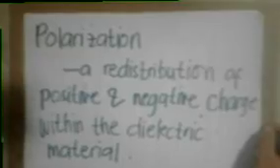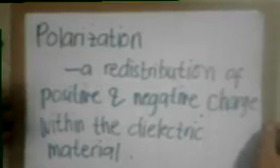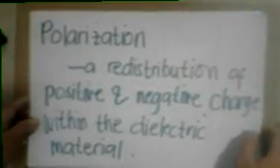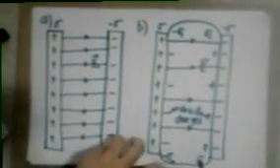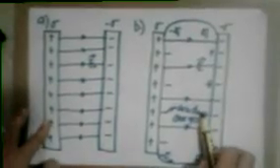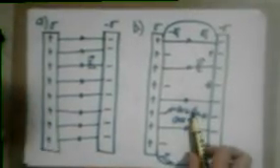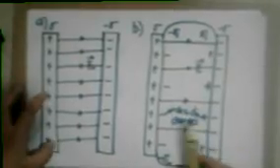So for a given charge density sigma, the induced charge on the dielectric surfaces reduces the electric field between the plates. We can derive a relationship between this induced surface charge and the charge on the plates.